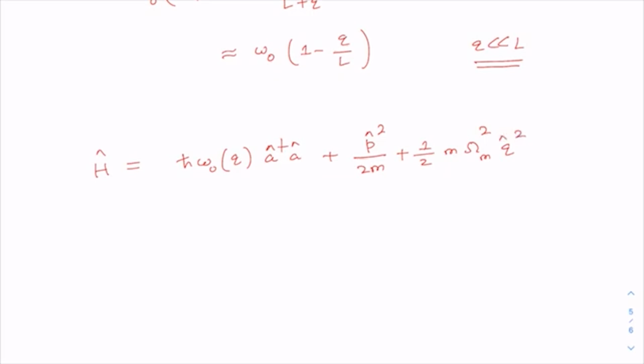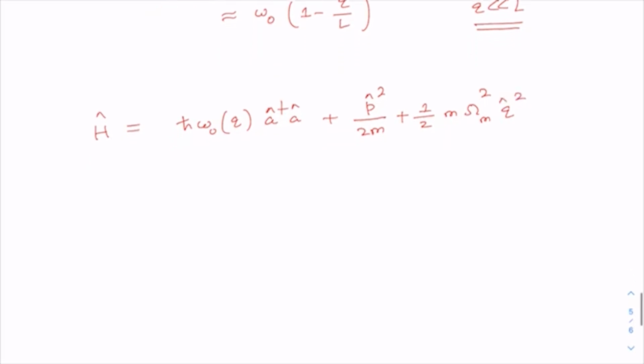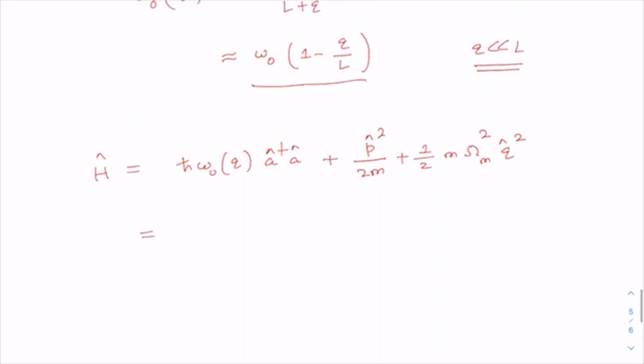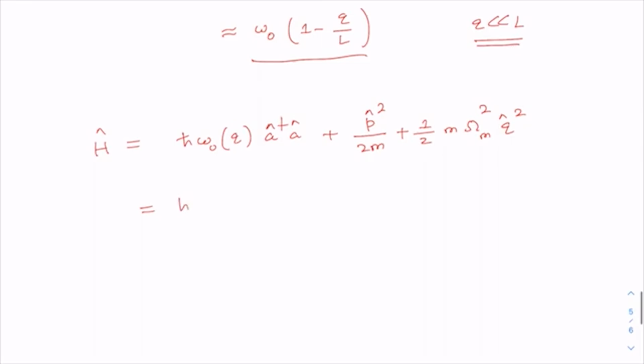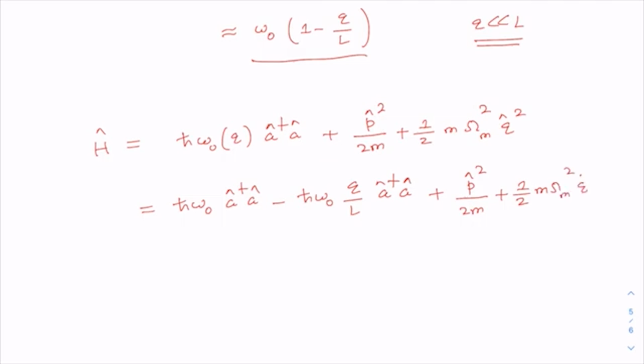All these are operators. This can also be written, if I break it up, as h cross omega 0 a dagger a minus h cross omega 0 q by l a dagger a, plus the energy of the movable mirror.